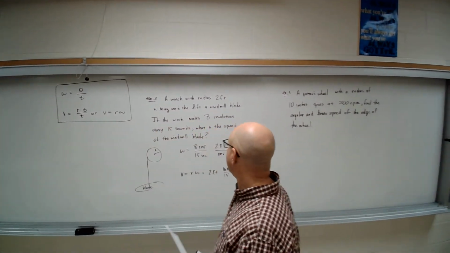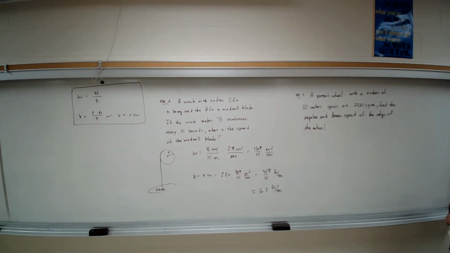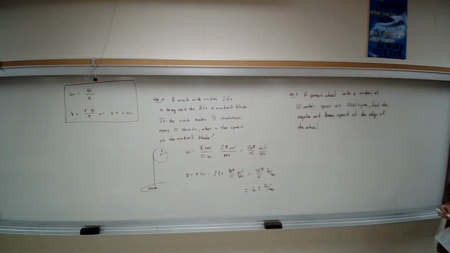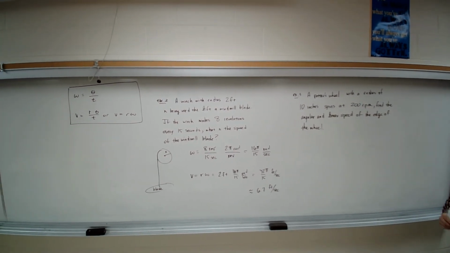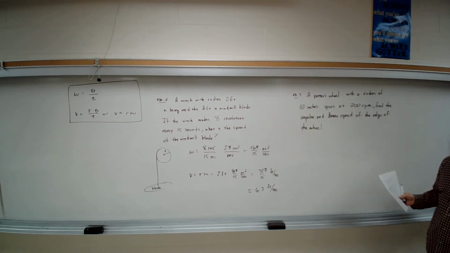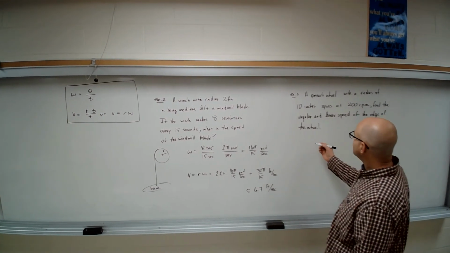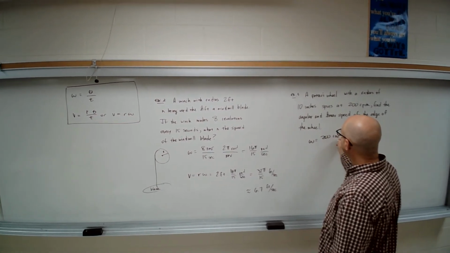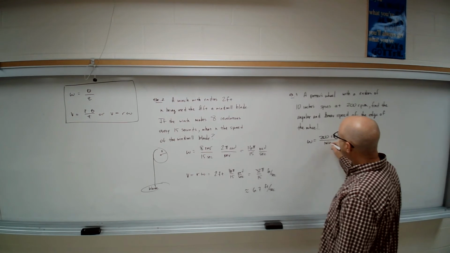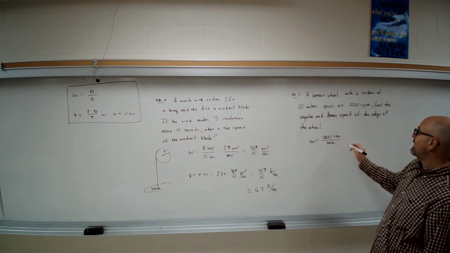Okay, for our third example here, again, we have this potter's wheel, radius of 10 inches, spins at 200 RPMs. RPMs is revolutions per minute, just like RPMs on your car. It's talking about your crankshaft, how fast it's spinning. So for omega, we have 200 revolutions per minute, and we need to put that into radians.